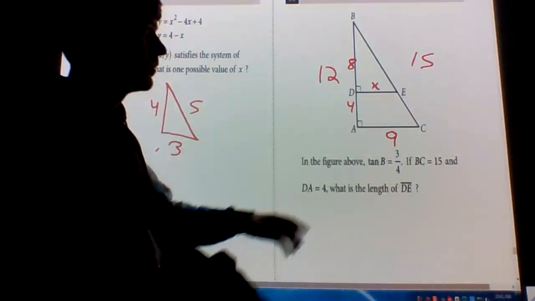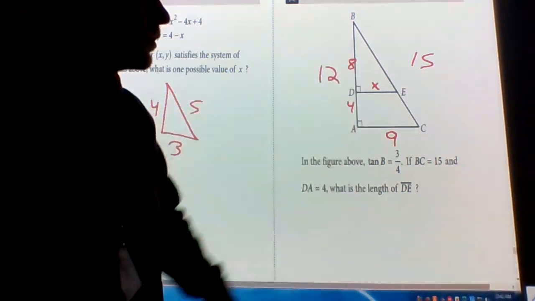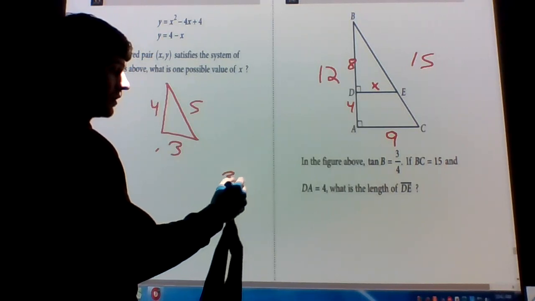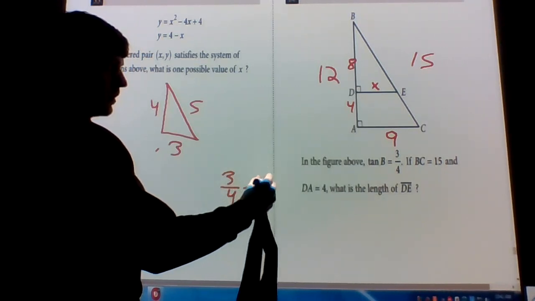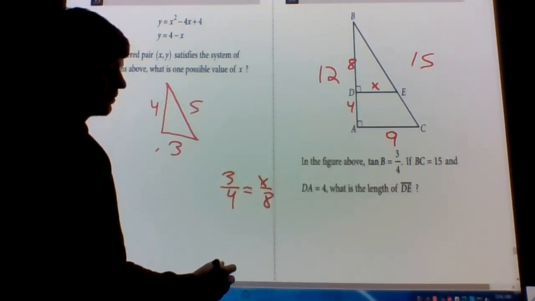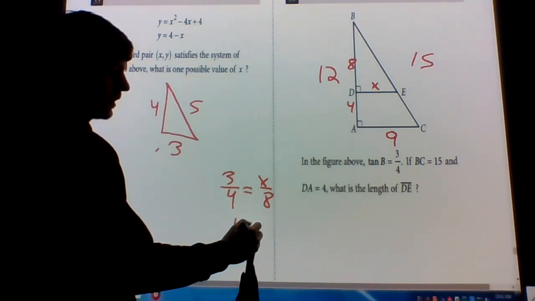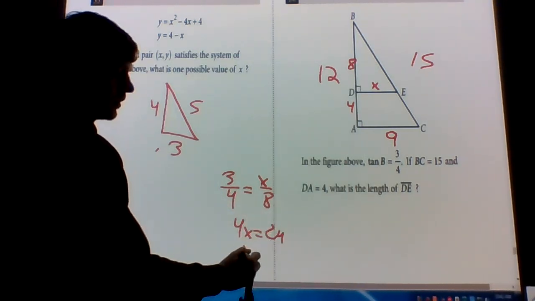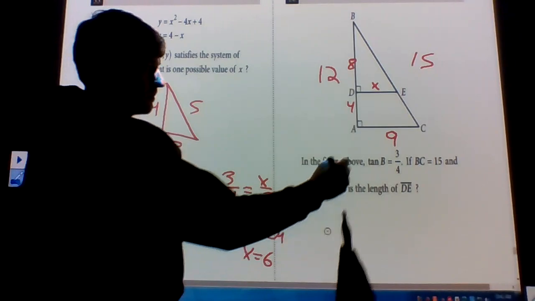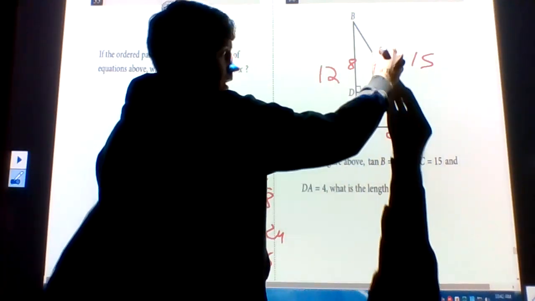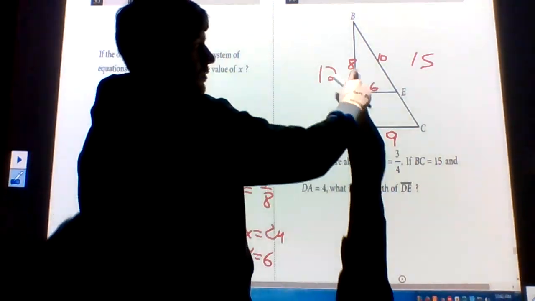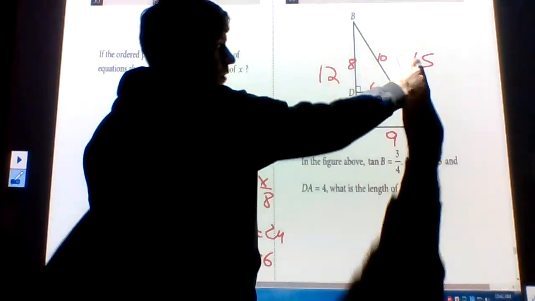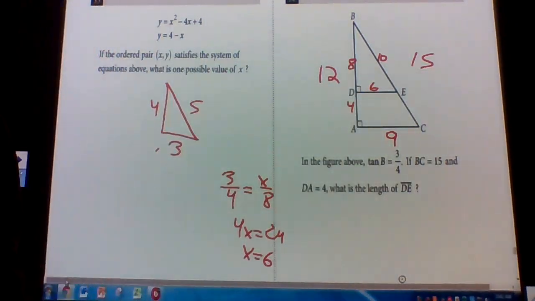So the ratio of this side to this side has to be 3 to 4, right? So 3 to 4 has to equal x over 8. So 4x is going to have to equal 24, so x is going to equal 6. And then that would equal 10. So it's 3 to 4 to 5, the ratio is 3 to 4 to 5.